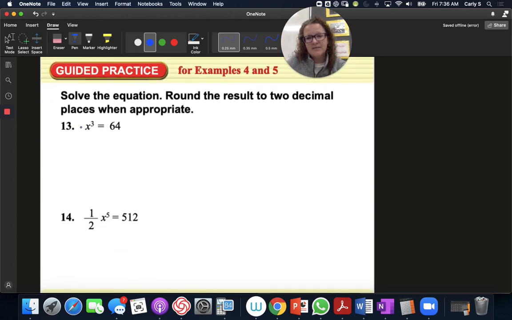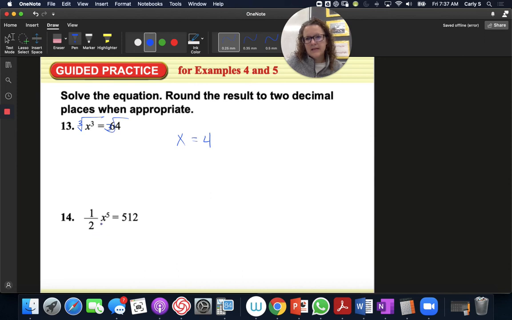Solve the equation. All right, these are the guided practices I usually push pause on, but it's okay. So cubed root, when it's an odd power, the sign stays. So a positive number is going to give you a positive answer.